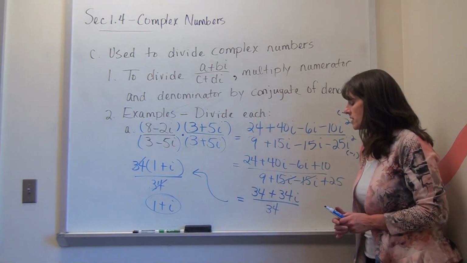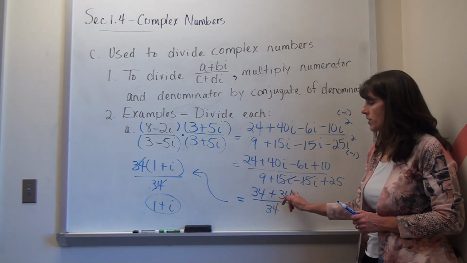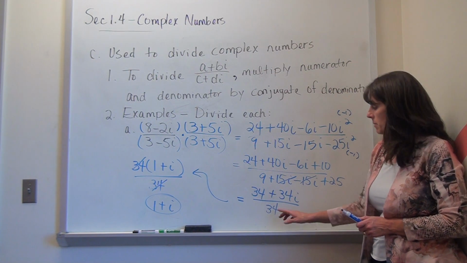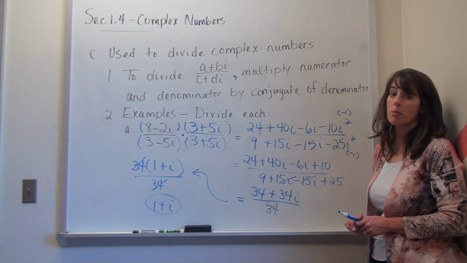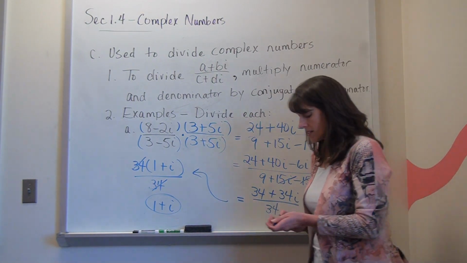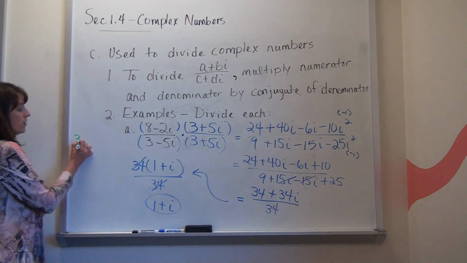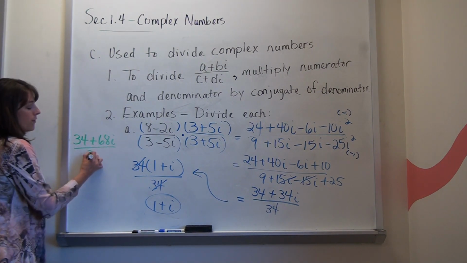The other way to simplify it is to say, well, this 34 will go into this 34 once, and this 34 will go into this 34 also once, leaving me with an i. But you need to be very careful about that, because if this won't divide evenly, you can't do it. You have to make sure that it will divide evenly. Say, for instance, that instead of a 34 plus a 34i, I have a 34 plus a 68i over a 34.